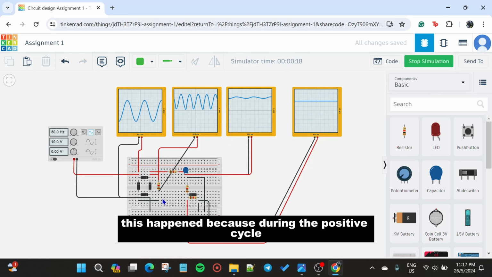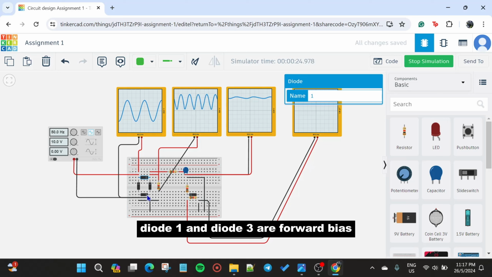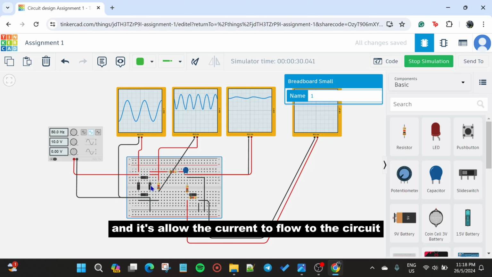This happened because during the positive cycle, diode 1 and diode 3 are forward biased and allow the current to flow to the circuit. During the negative cycle, diode 2 and diode 4 are forward biased and allow the current to flow to the circuit.